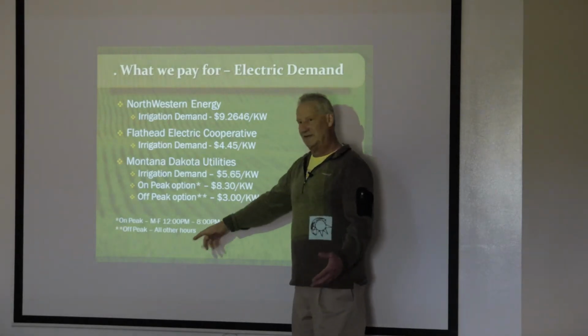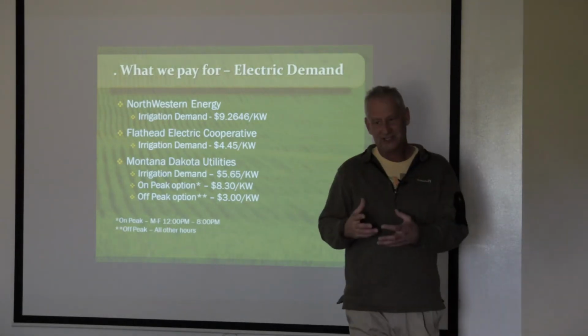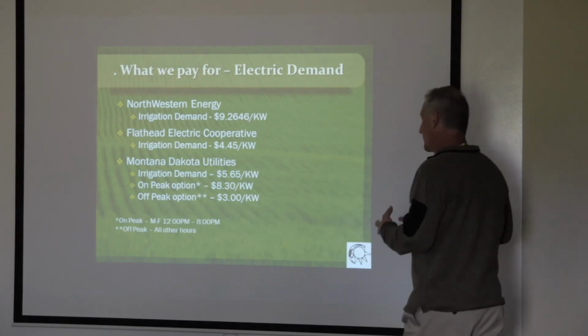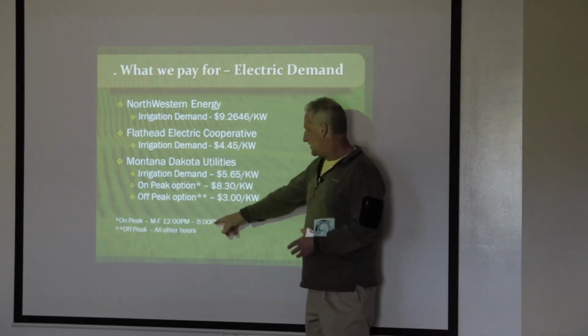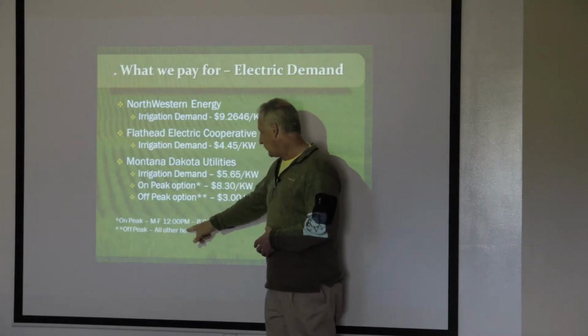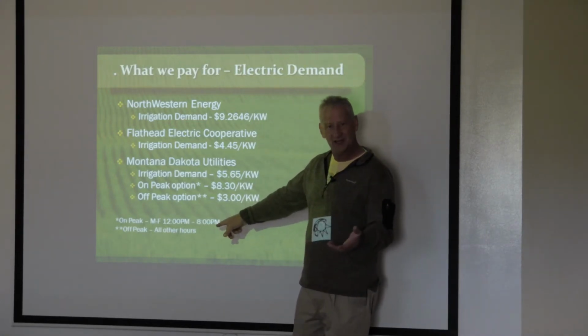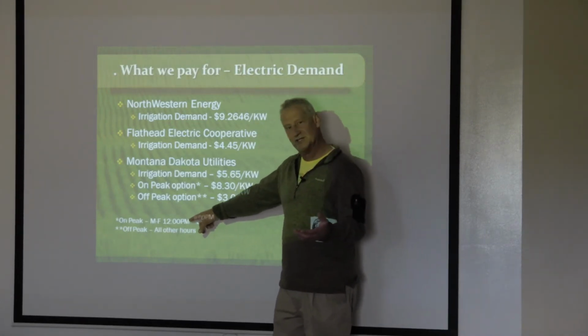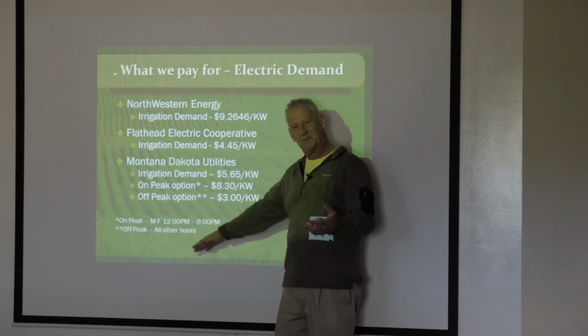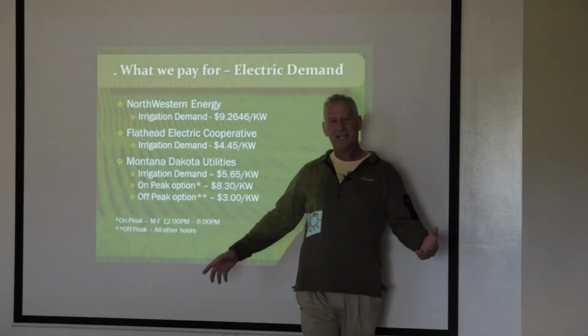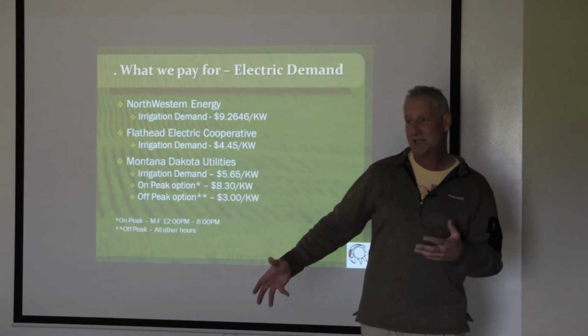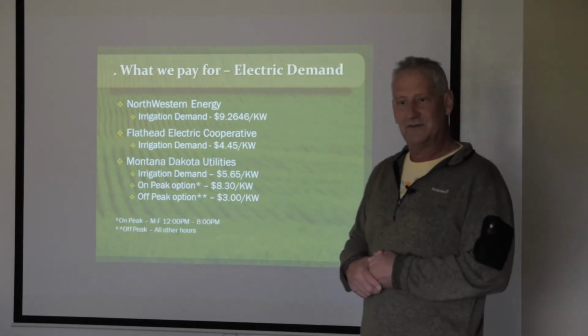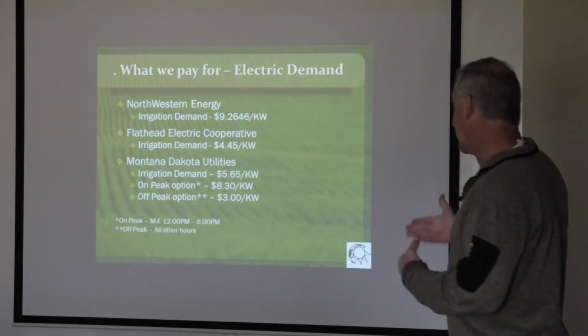So you see, if you have an irrigation system and you can run it off peak, which really is most of the time, but you control it so it only runs off peak, you're going to save that much money. Yeah, it's a lot. Run it on the weekends. Yeah, or at night.